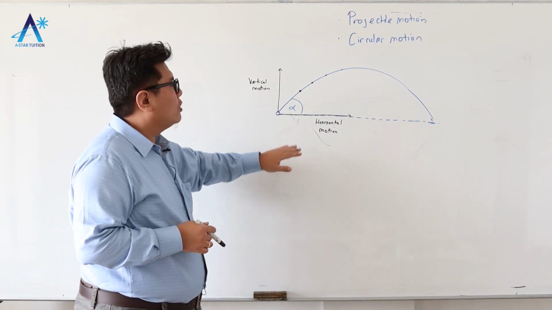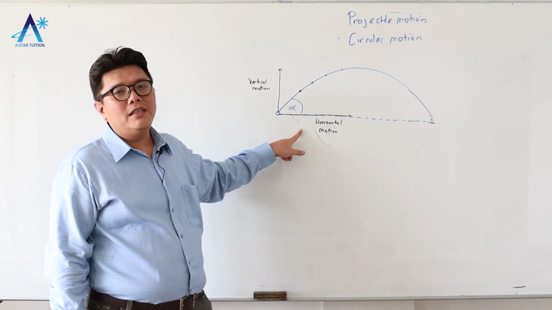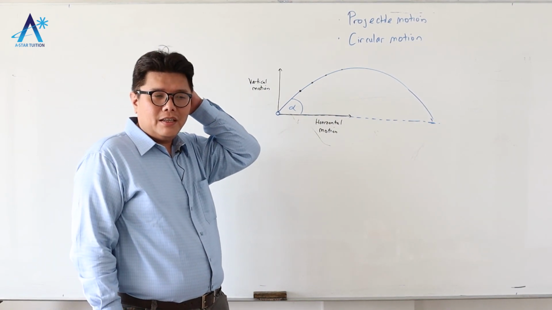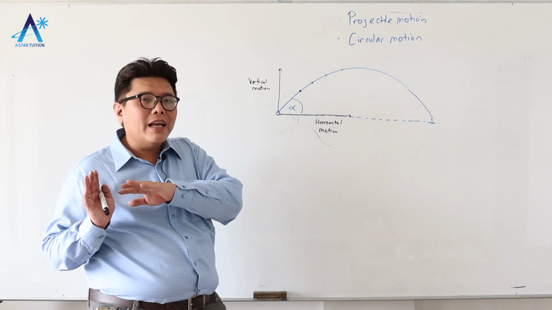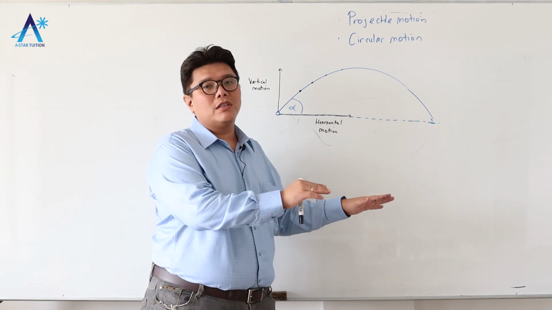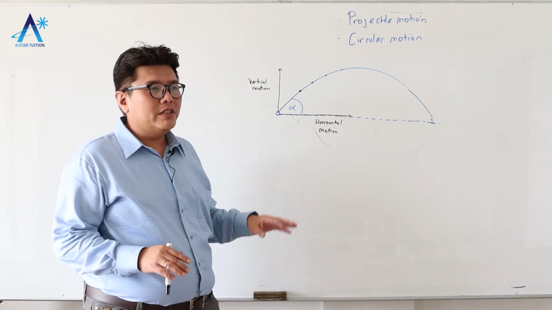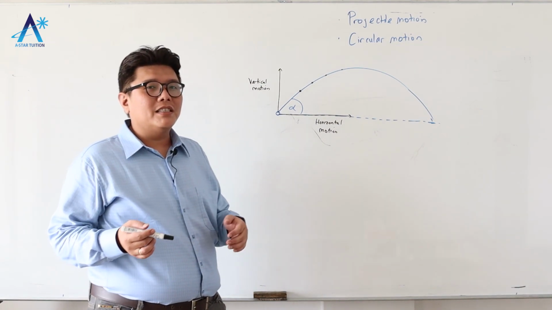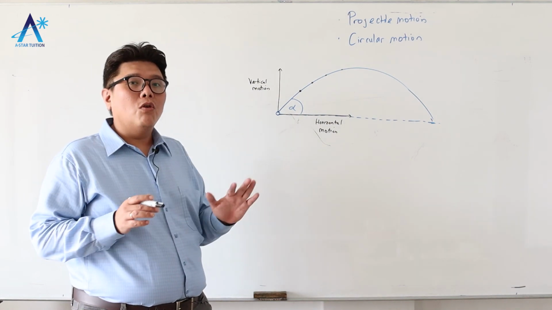Now let's look at the horizontal motion. For the horizontal motion, you can see that there is no acceleration. You throw a particle, but there is no acceleration at all in the horizontal direction. So in that case, we say that the motion is uniform, the one that we discussed in the previous video, uniform motion being the one with no acceleration.